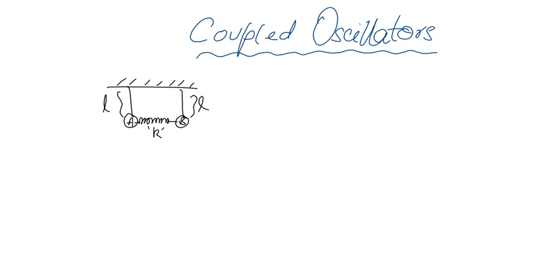The length of the pendulum is equal for both cases, and they're of equal mass as well. These are the fundamental assumptions that we will make in our journey to finding the equations for a coupled oscillator system.